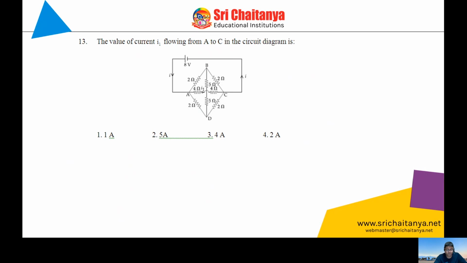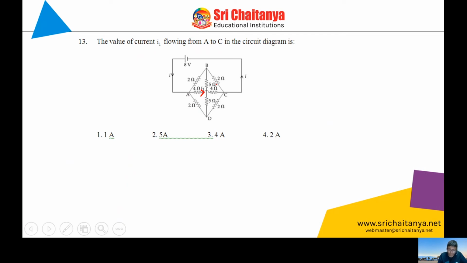The value of current I1 flowing from A to C in the diagram, we are required to find out. A pretty messy looking diagram we are having. The best thing over here is that there is no resistance in this main wire.